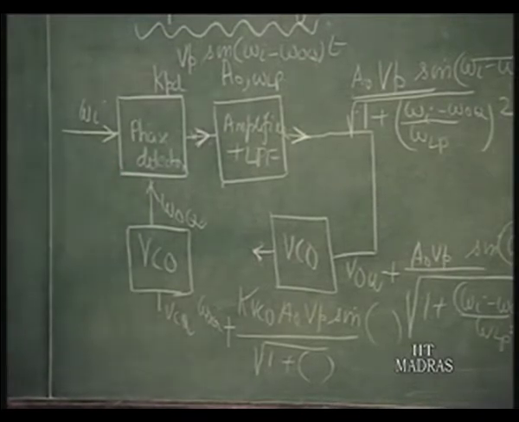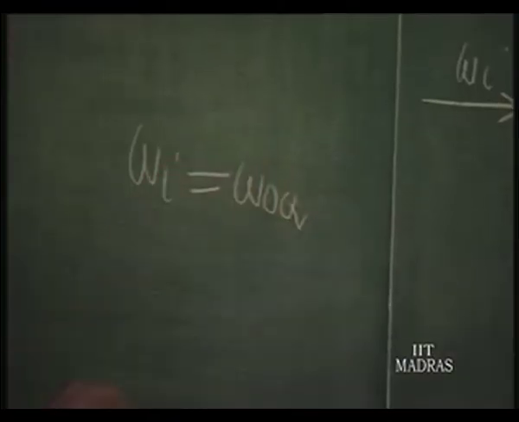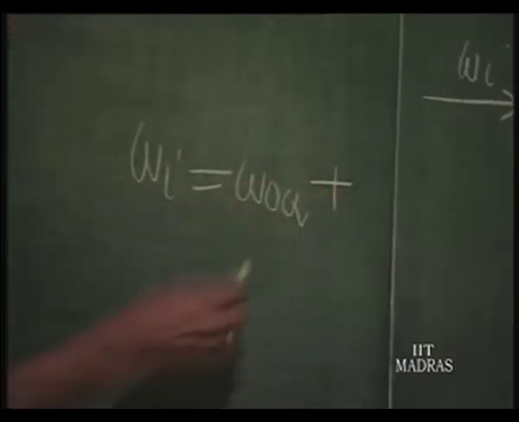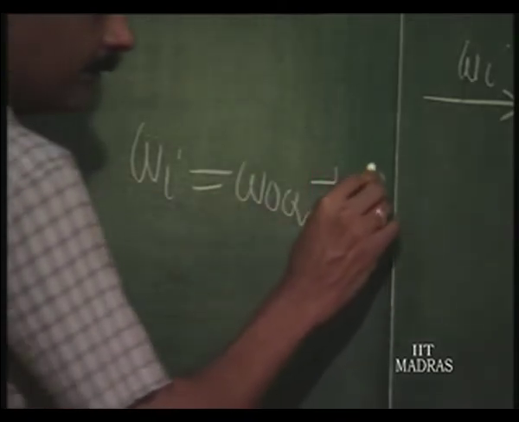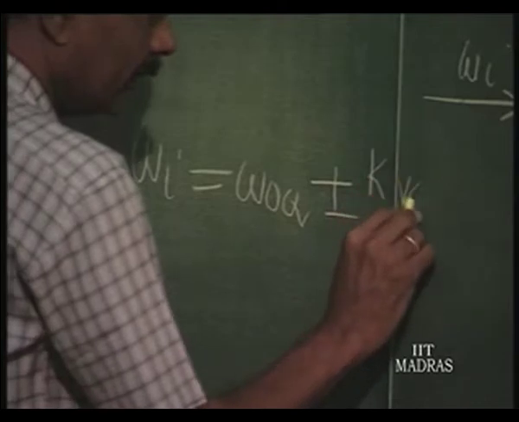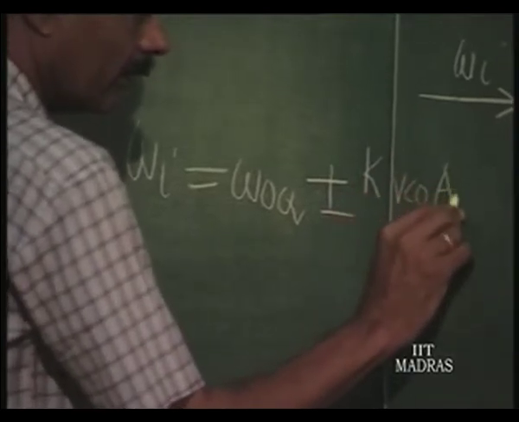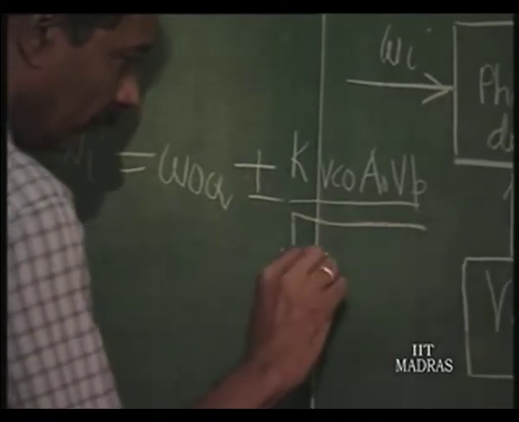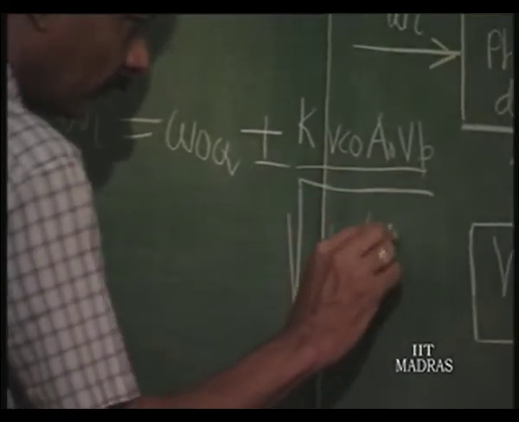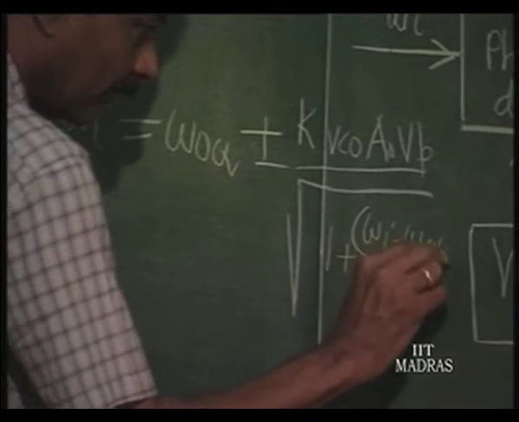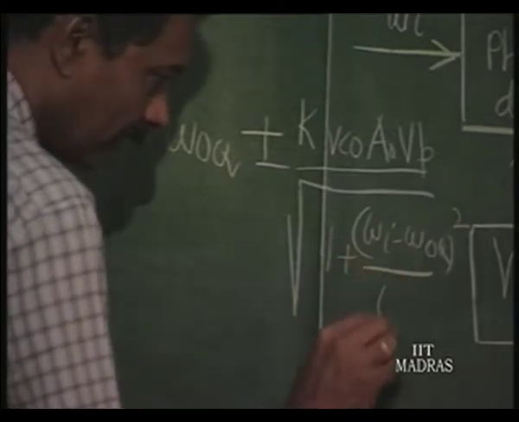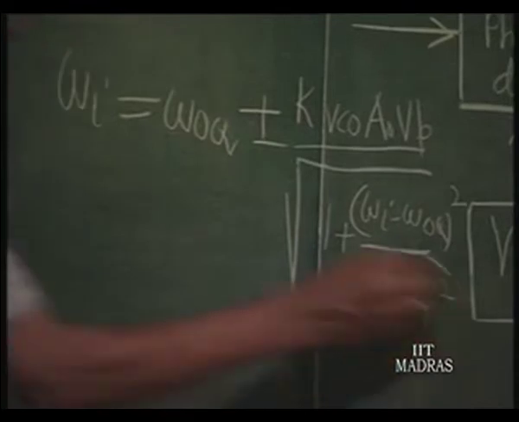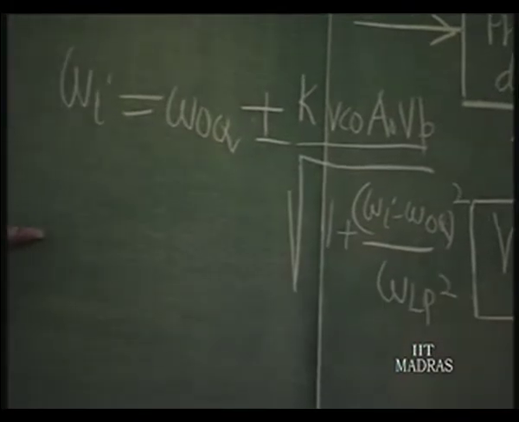So, that means when omega I becomes equal to omega naught q, plus or minus, it does, right. This value k VCO A naught Vp divided by root of 1 plus (omega I minus omega naught q) squared by omega Lp squared. Is this understood? Right.